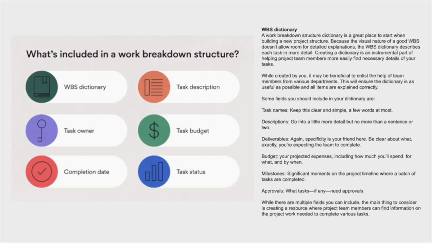The work breakdown structure dictionary for this particular example would include a bunch of things that would help clarify to anyone reading this document what exactly is going to be done. It would give information with regards to the tasks, what needs to be done.